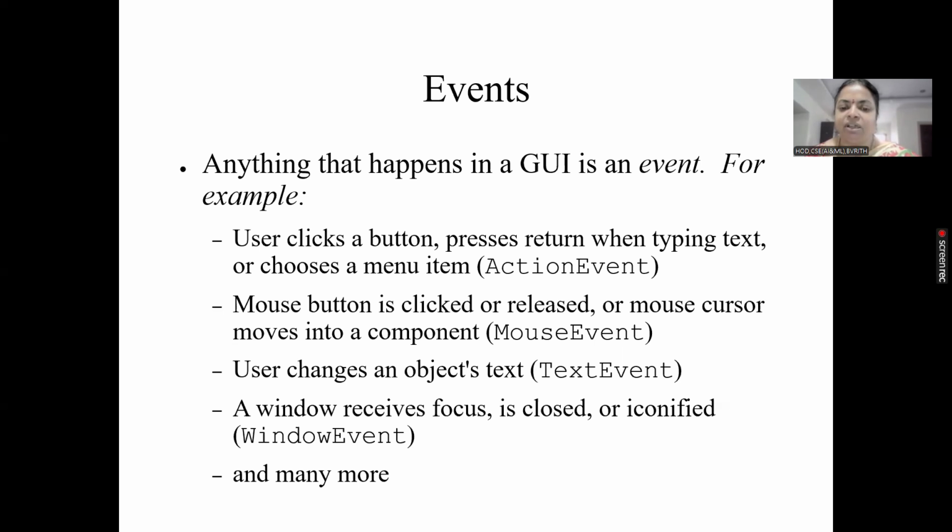And whenever the user types some text in a text box or text area, this is handled by the text event. And for window related events, like entering the window, closing the window, minimizing the window, or maximizing the window, the event is called a window event.